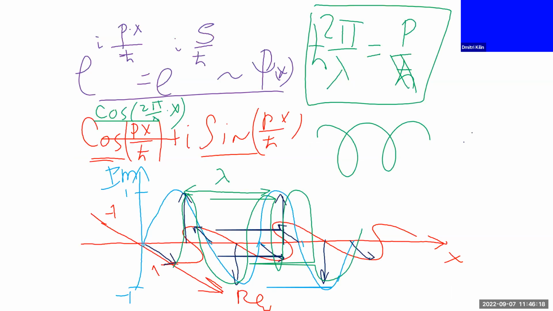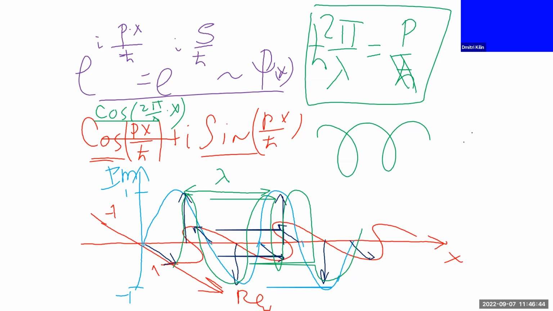Plane wave: if one plots real and imaginary parts as cosine and sine and takes them as parametric coordinates, it will be a spiral. And this spiral has wavelength lambda. It is called a plane wave, and one can identify that the distance between humps is related to the momentum that is here.